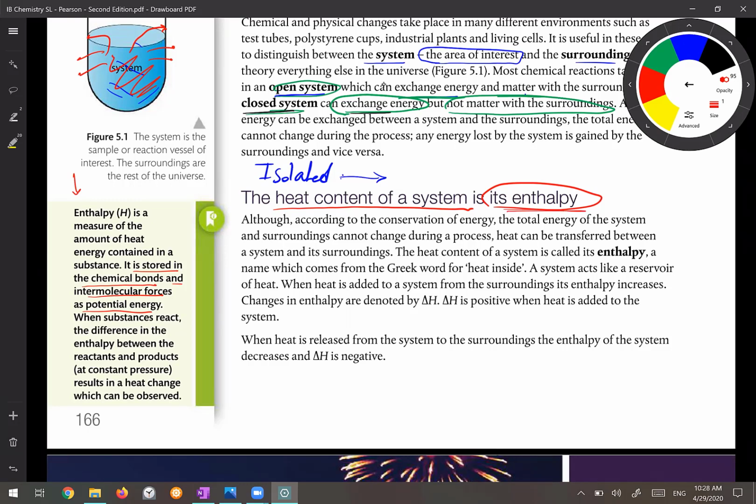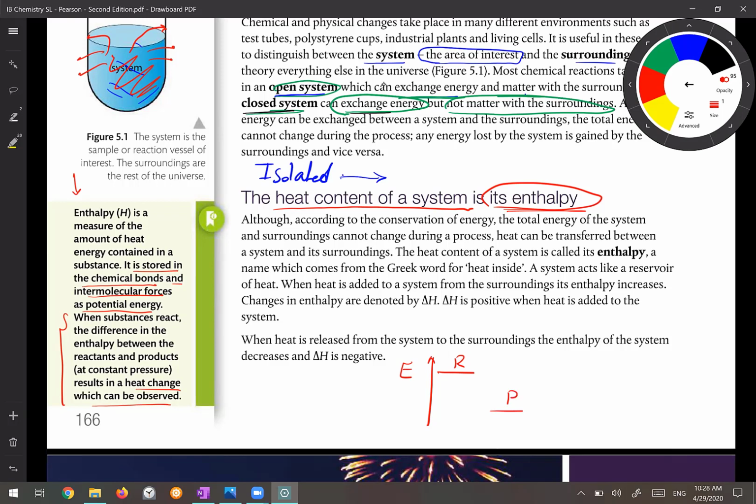Okay, so what happens then? It says when substances react, the difference in enthalpy between the reactants and products results in the heat change which can be observed. For example, suppose this is the energy, and the energy of the reactants is here. I show it by R. When they convert to the products, you check the energy of the bonds in the products and add all of them, and you can see the products' energy is here.